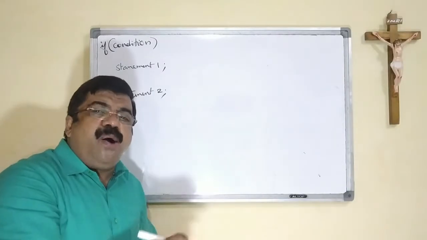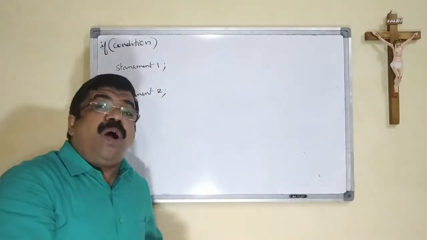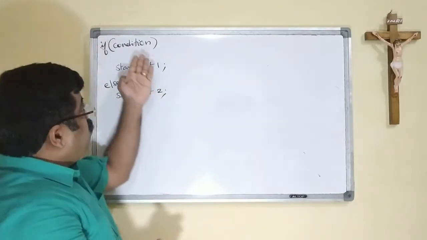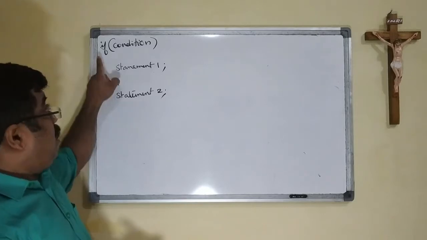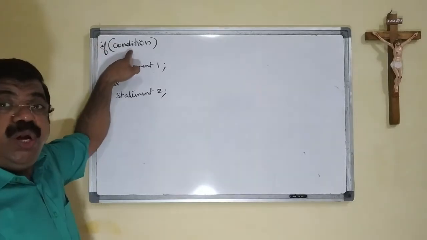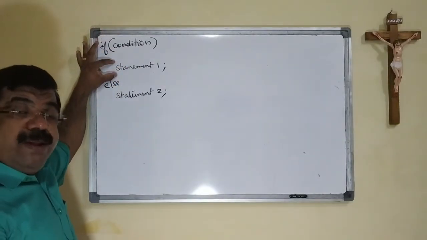As I said just now, if our condition is not true, what course of action we have to take, that is what is given with the if and the else. If the given condition or the expression is true, then statement set 1 will be executed.